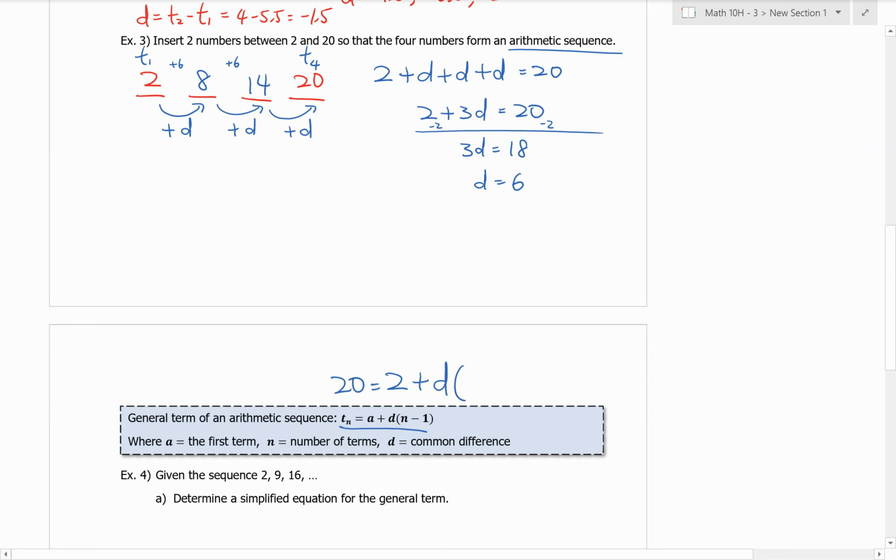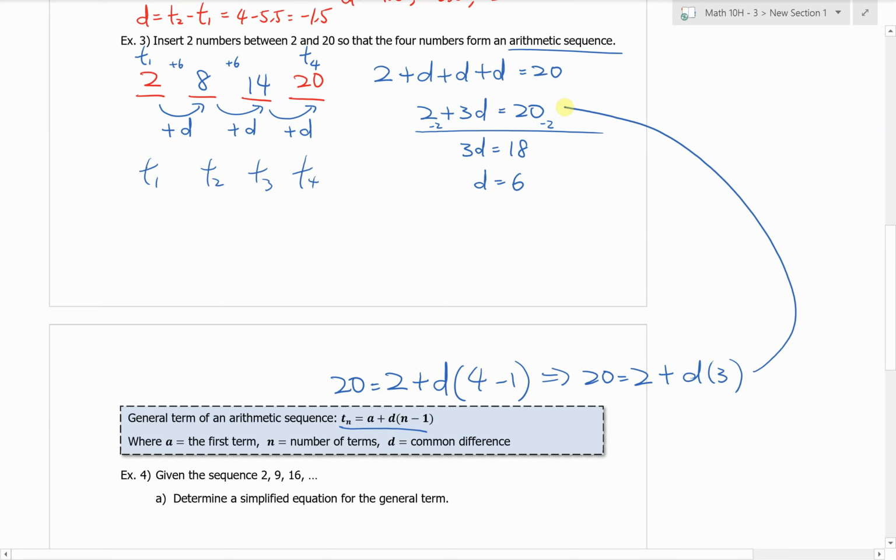Times n is the number of terms, and you can see from our sequence here that's T1, T2, T3, T4. So there are 4 terms, minus 1. If you simplify this, it gives us 20 equals 2 plus d times 3, which you can see is exactly the same as what we had there.